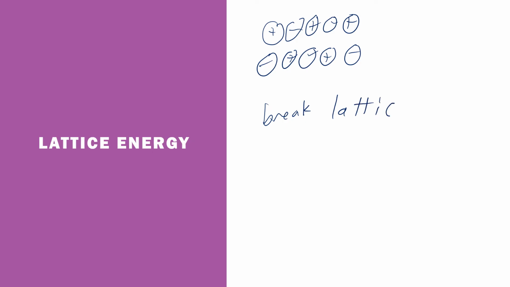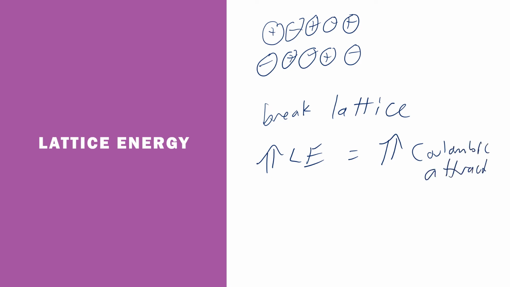So very much the same as bond energy, just for ionic compounds in a lattice. And the greater the lattice energy, the stronger the attractions are. So the greater the lattice energy, that means you know that there's stronger coulombic attractions. And of course, they're dependent on the same two things with Coulomb's law every time: the size of the charge and the distance.